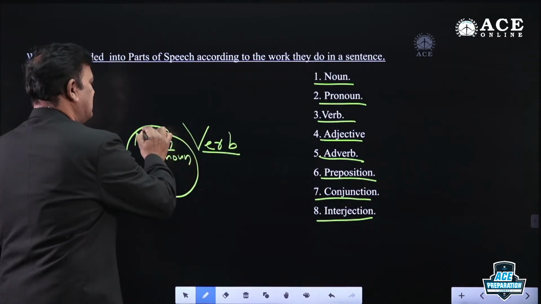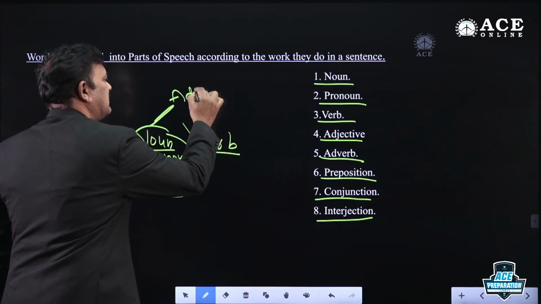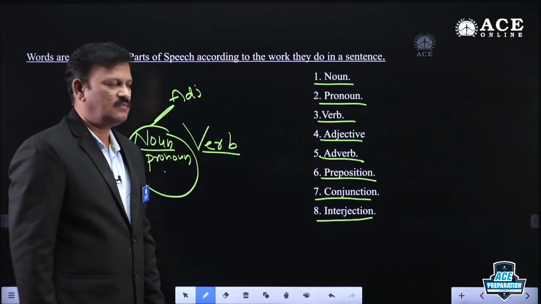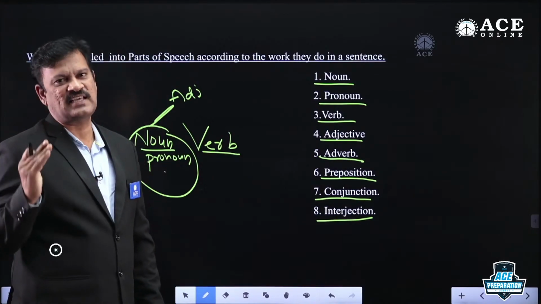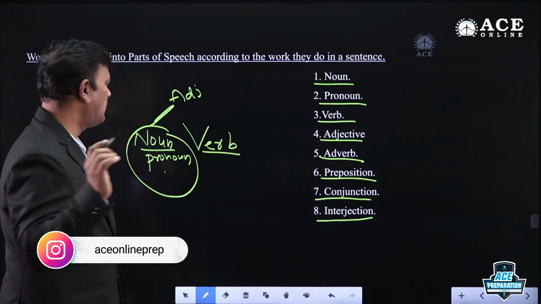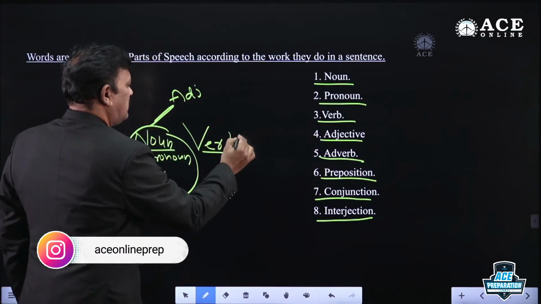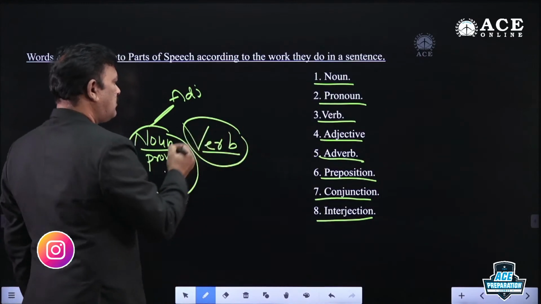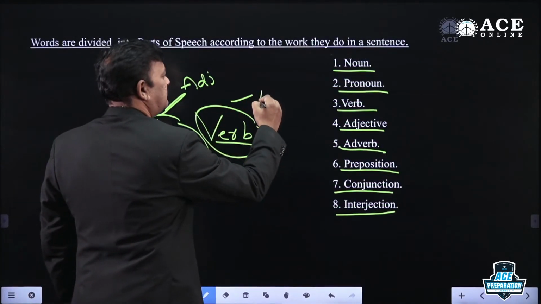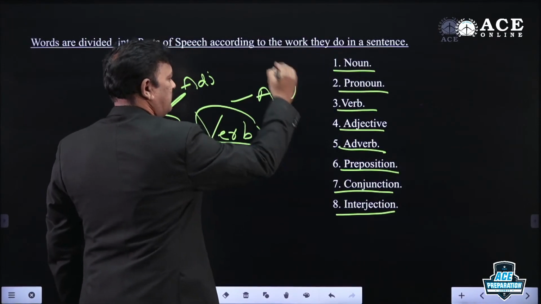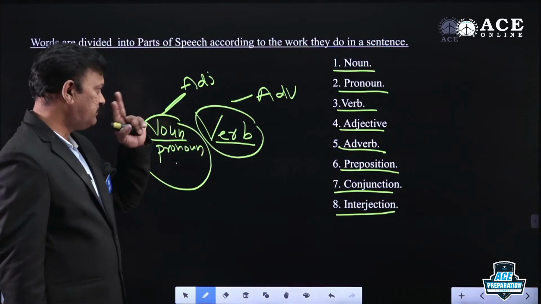Then you have a friend to this noun. Hero's friend is adjective. Please understand my intention. You guys have to recognize these characters. That's the idea here. And adverb. If hero has a friend, heroine should also have a friend. Basically, adverb is heroine's friend.